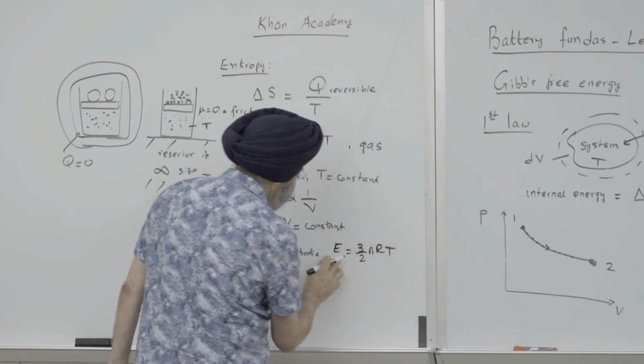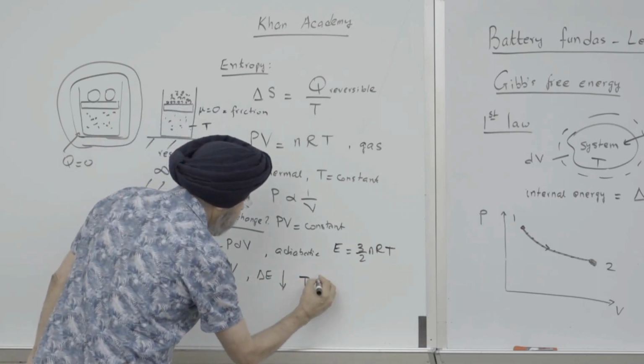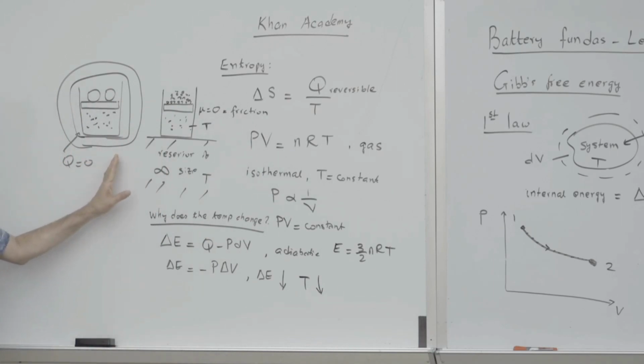E is proportional to temperature. So if E decreases, the temperature decreases. So that's what happens in refrigeration. When the gas expands, the gas gets cold, in our refrigeration system. So that's the first law of thermodynamics.